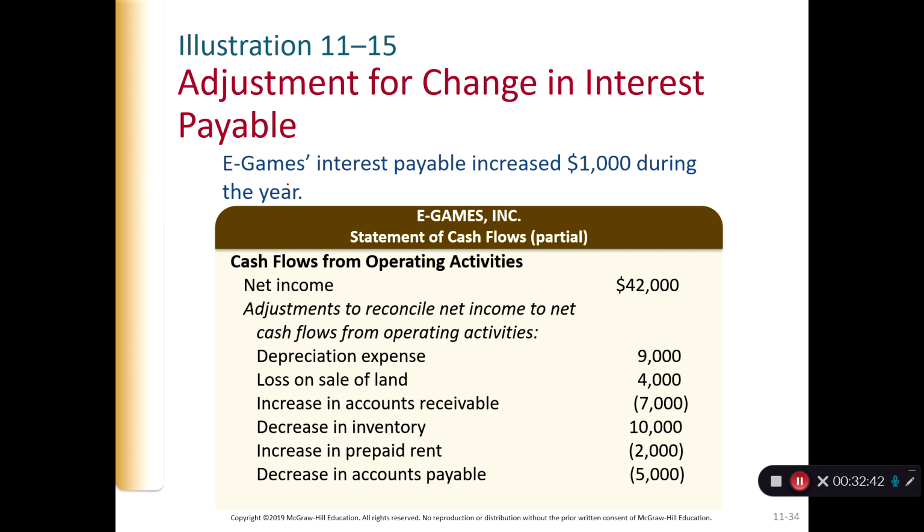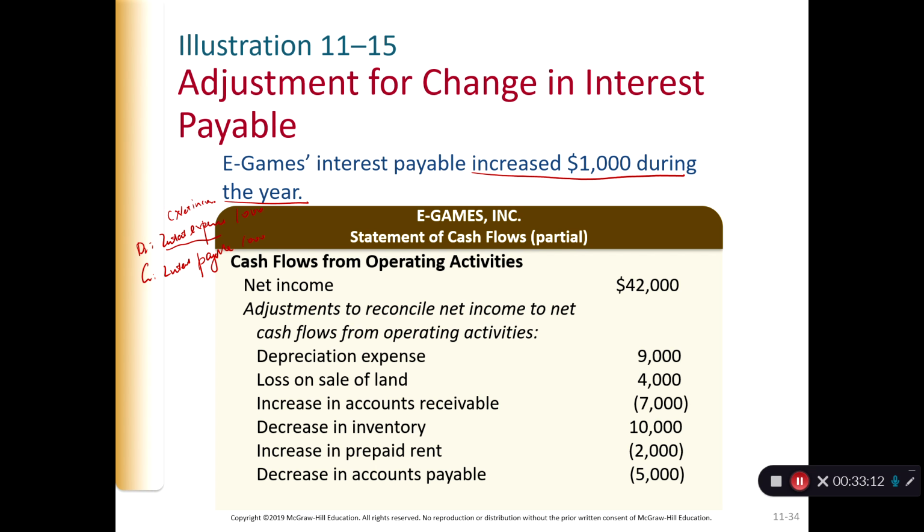And then also, eGames' interest payable increased by $10,000 during the year. So basically, you have interest expense and credit the interest payable, right? So therefore, this is $1,000, and this one goes to the net income.